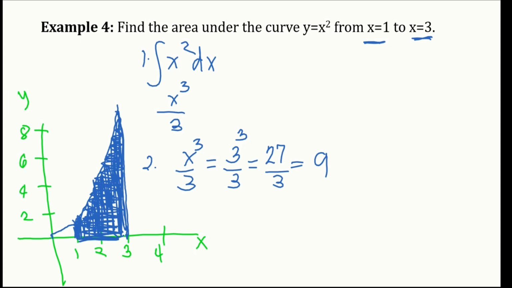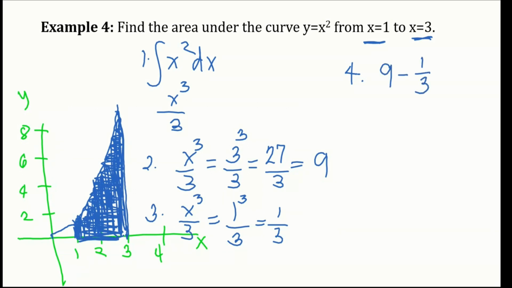And then continue with step 3. We have the same expression, x cubed over 3, and then we substitute 1, so we have 1 cubed over 3, which is 1/3. And then finally, we subtract. So 9 minus 1/3 is equivalent to 26 over 3.